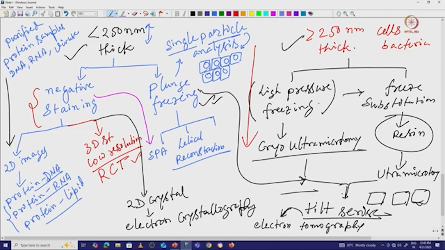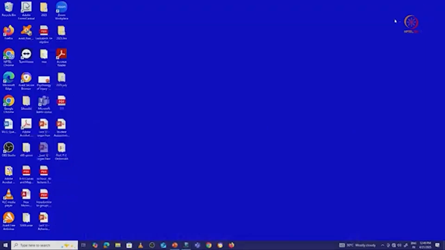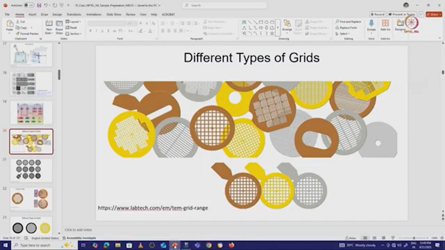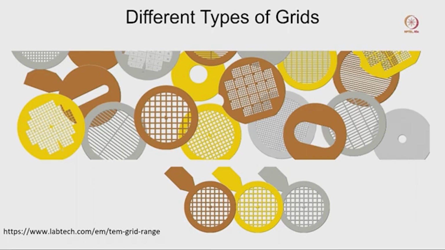Now, we are constantly talking about grids, and grids are very important for sample insertion or making that sample. So, what are grids? Why are we talking about them? If you remember the sample holder, what do we have in this sample holder?